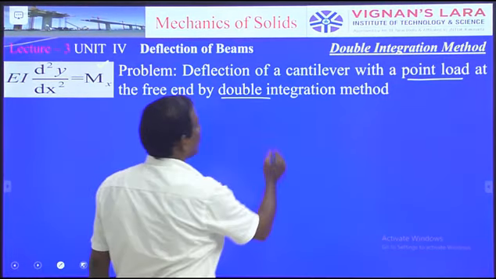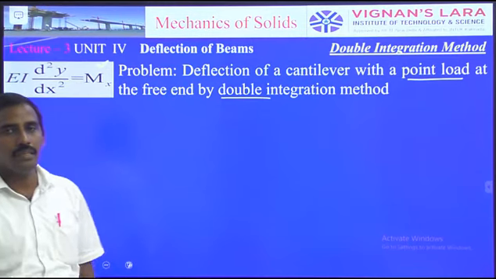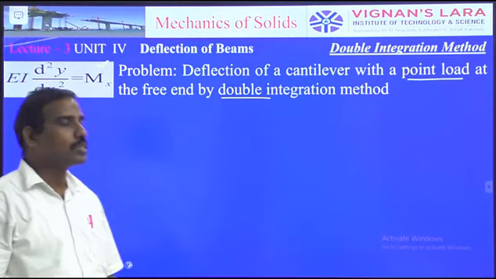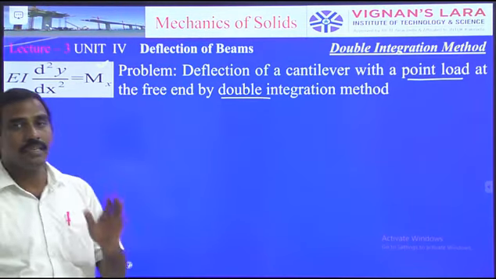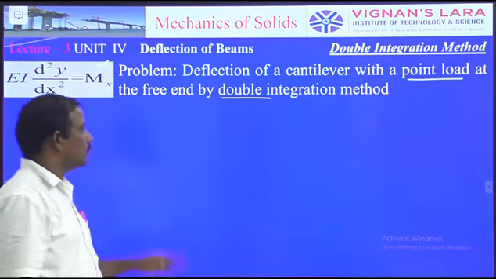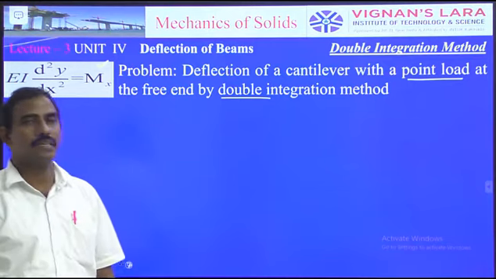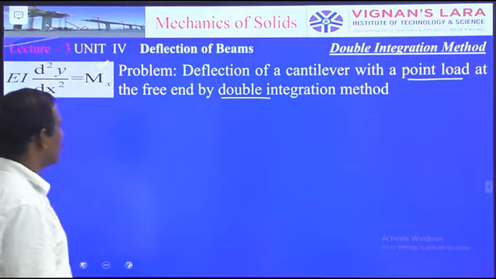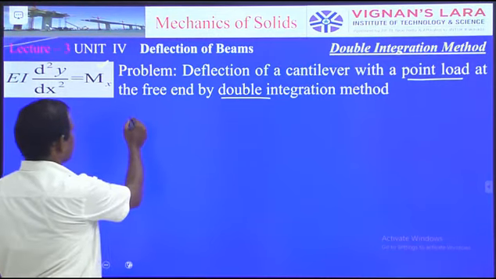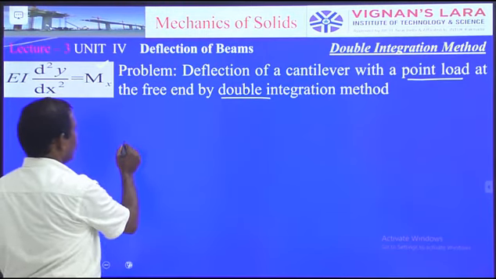As we know, we have many techniques or methods to find the slope and deflection at any section. So in the first problem, the first method is the double integration method. For that, let us consider a cantilever beam.